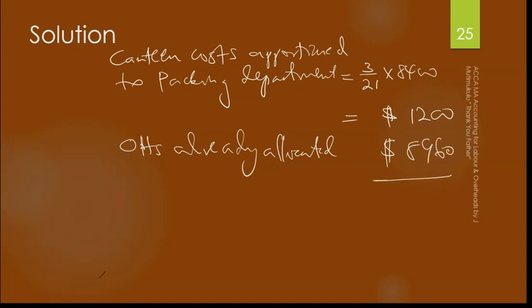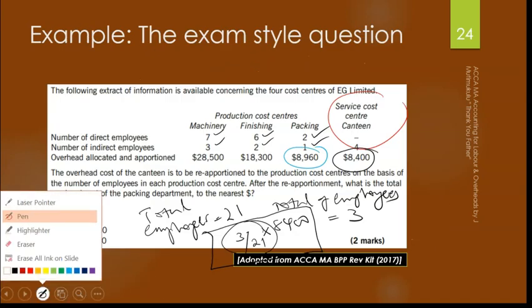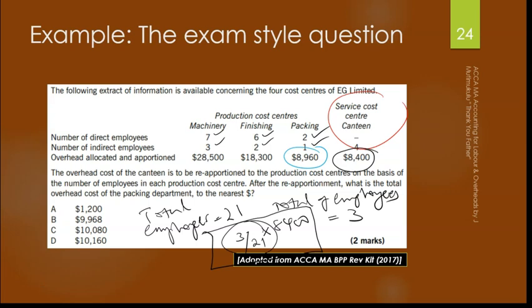So the total should be 10,160, and this from our answers should be D.